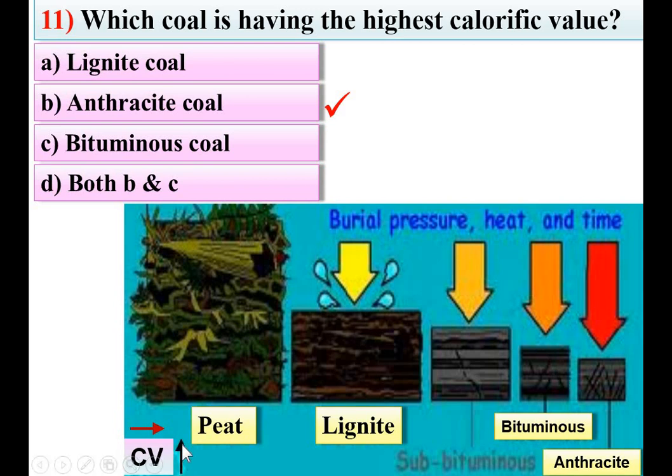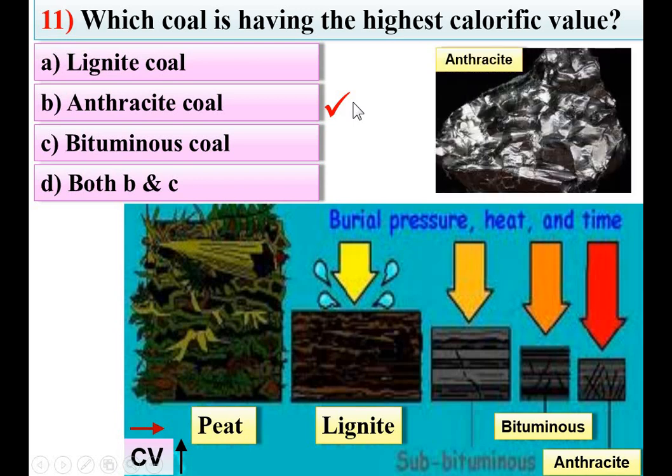It is given to you in symbolic notation: calorific value increases when you move from left to right. So anthracite has the highest calorific value and peat has the lowest calorific value. Here the question is about the highest calorific value, so anthracite coal is the right answer. And anthracite looks like that. So this is for your information.